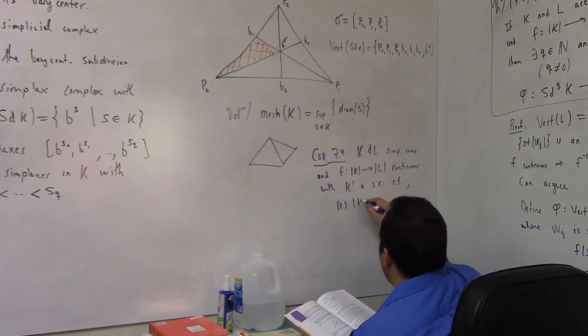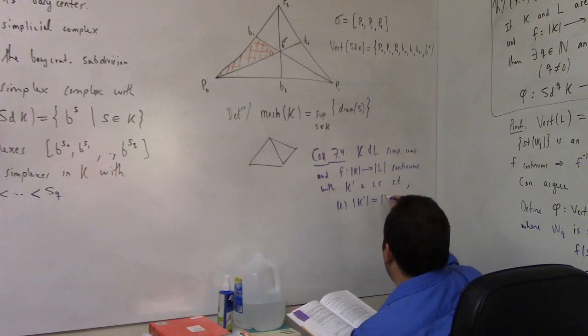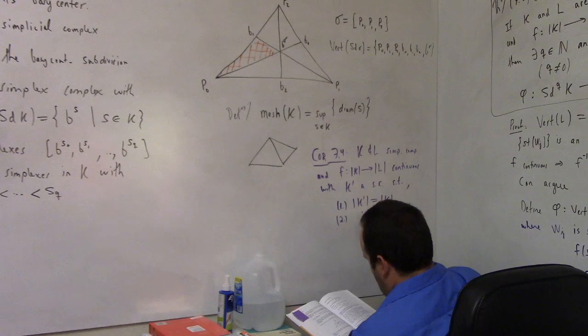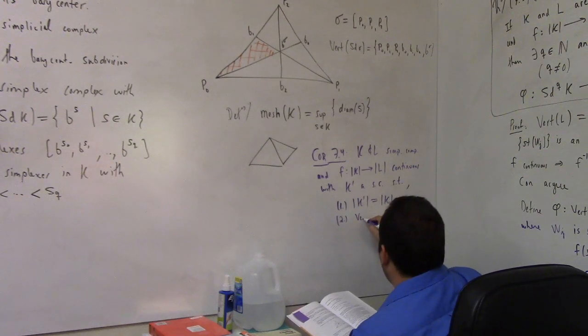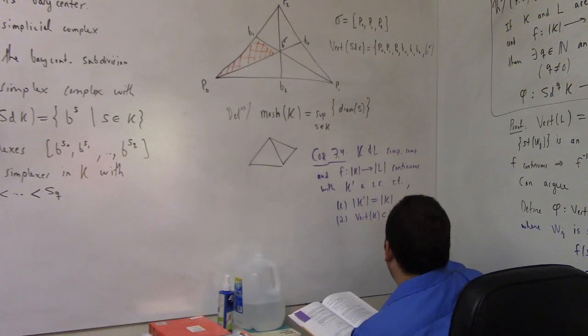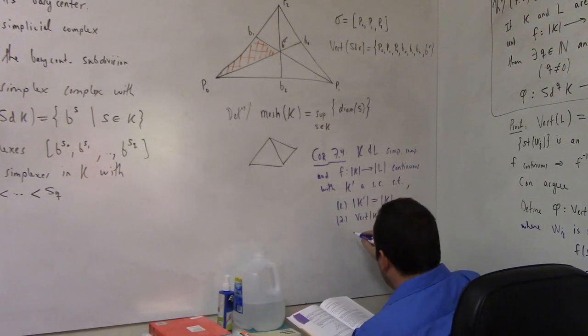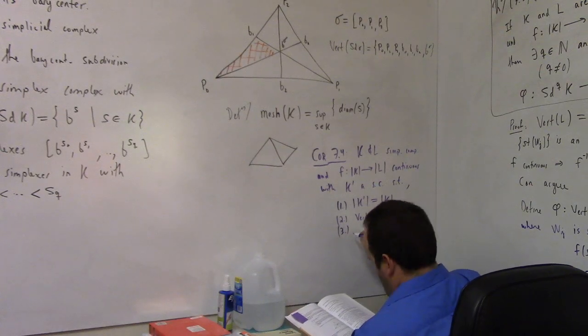the underlying space of K prime is matching the underlying space of K. Two, still, this is data we're assuming, the vertices of K are a subset of the vertices of K prime. So I guess K prime is some kind of refinement of K or something. So same underlying space, but you're adding more faces.